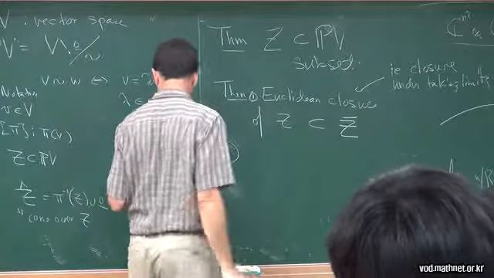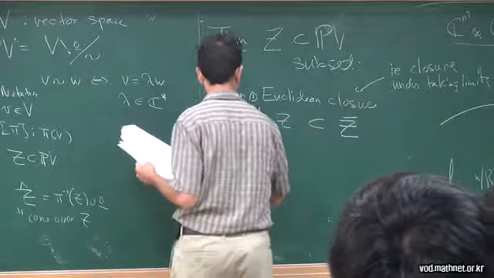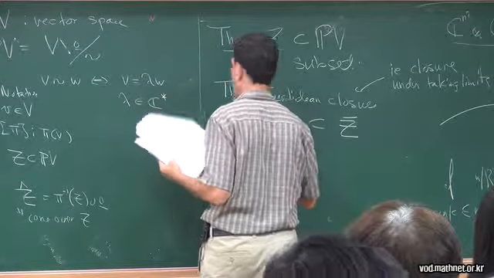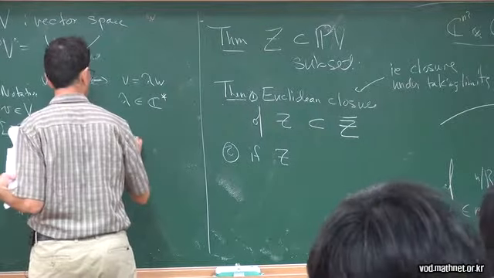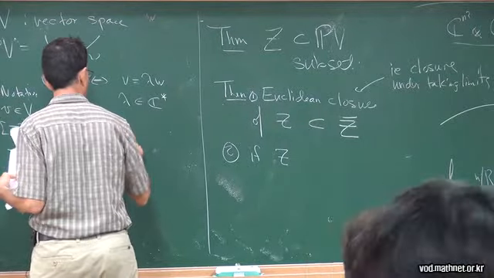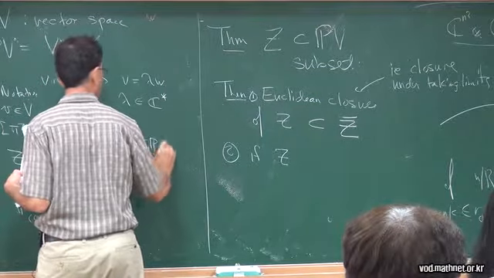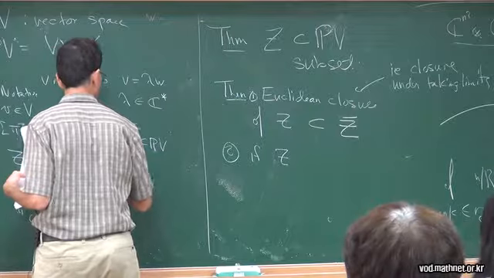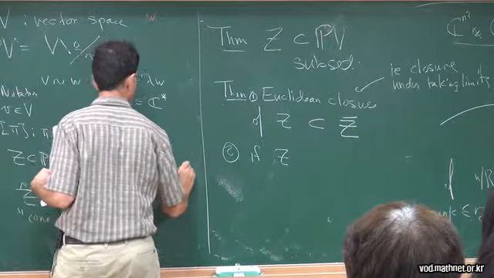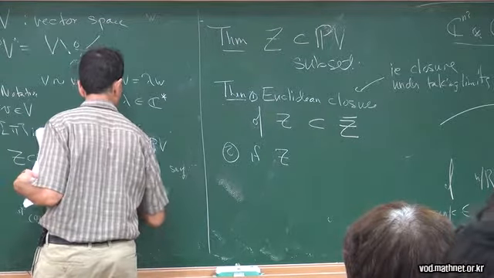And 2, if U in PV is such that U bar equals U, we say U is Zariski closed.